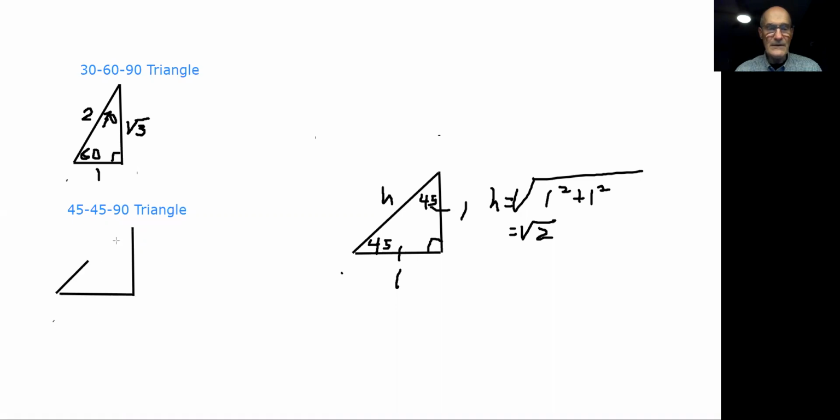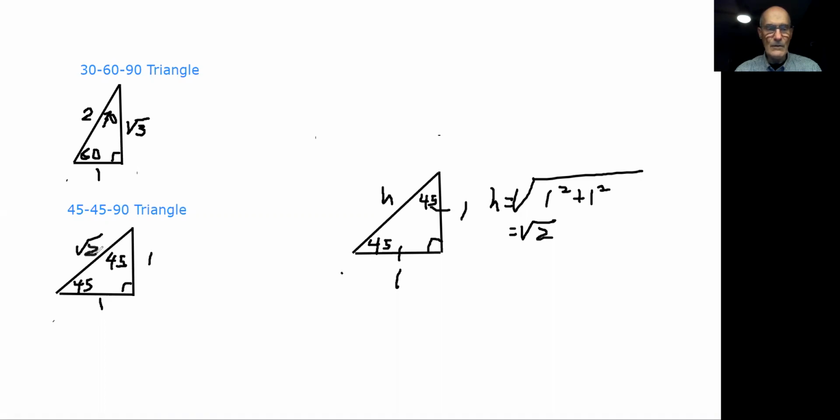So this is our right angle here. This is our 45 here, and this is 45 up top. And our sides are the same. They're 1. So 1 here and 1 here. And then the hypotenuse is the square root of 2.